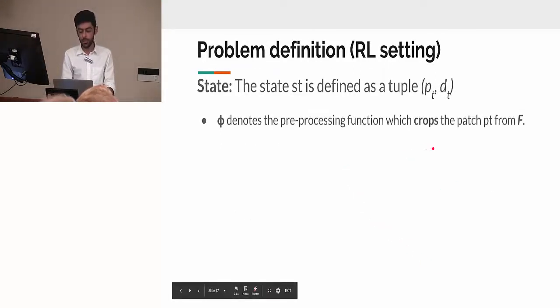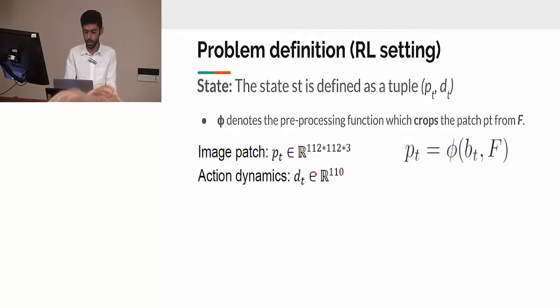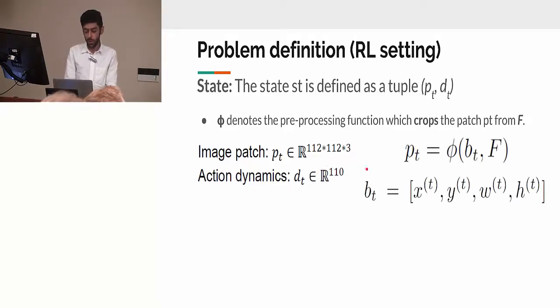State is defined based on p_t and d_t, a tuple. p_t is the image patch, which is a 112 by 112 3-channel RGB image. And action dynamics is the history of actions taken at the 10 previous steps. We have 11 actions, and 10 previous steps will lead to an array of size 110. This is how we find the patch.